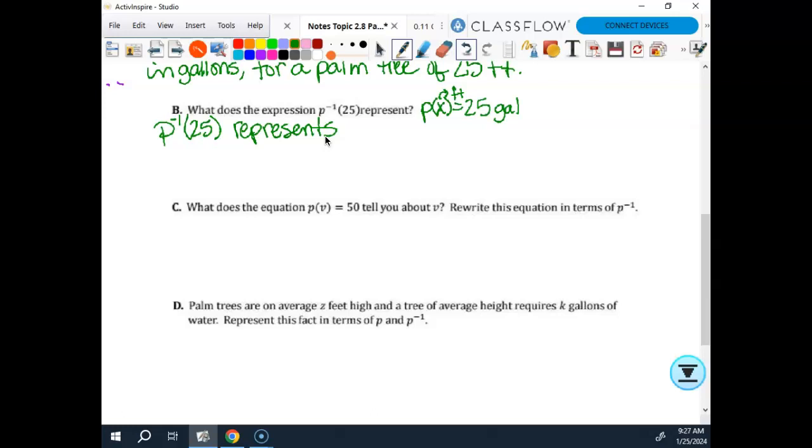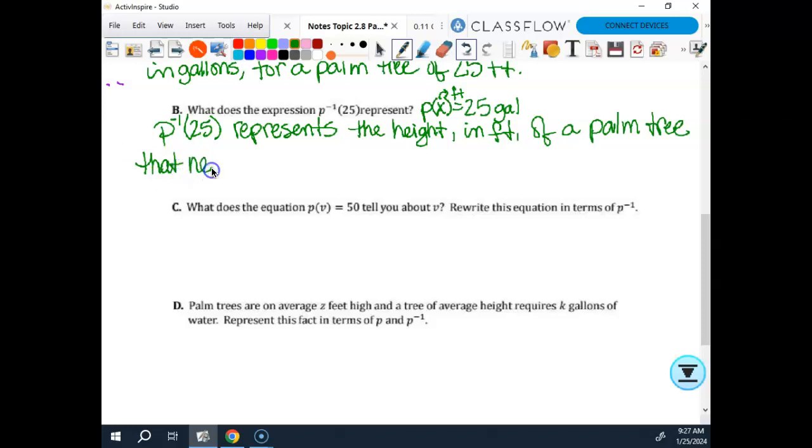And so that represents the height in feet of a palm tree that needs an average daily quantity of what? 25 gallons of water.